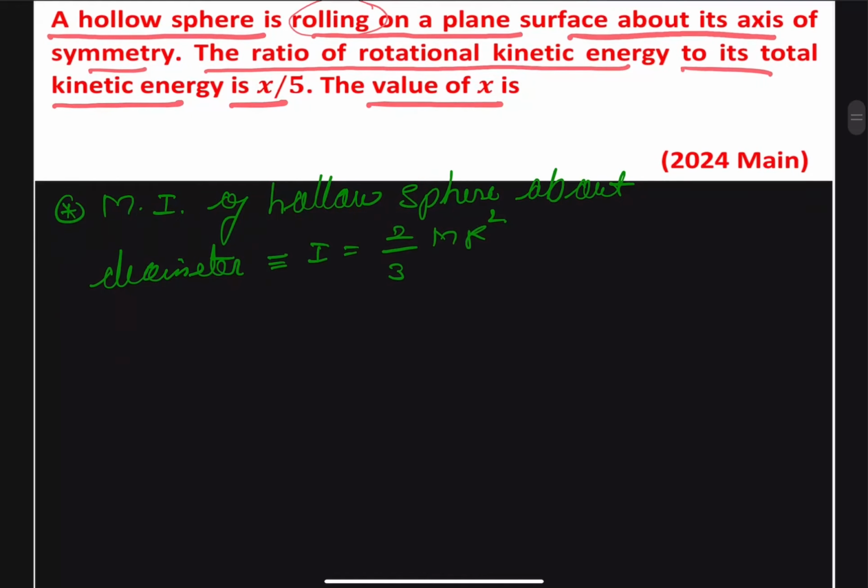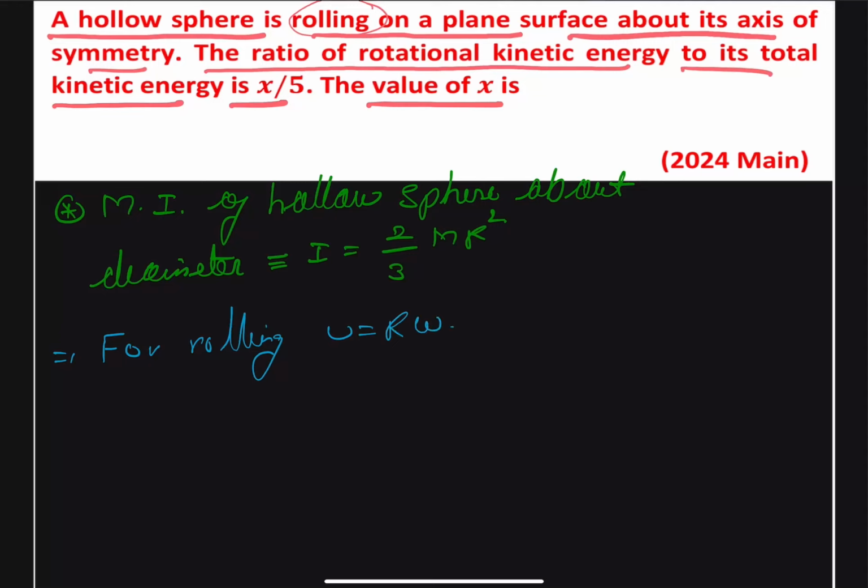And for rolling motion, we know that v is equal to R omega.